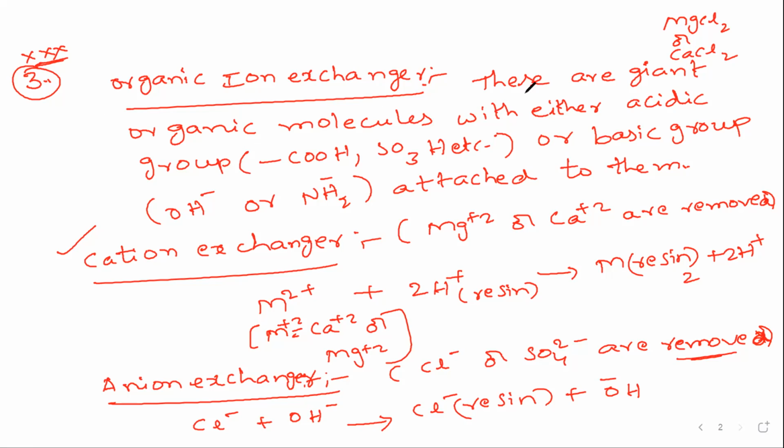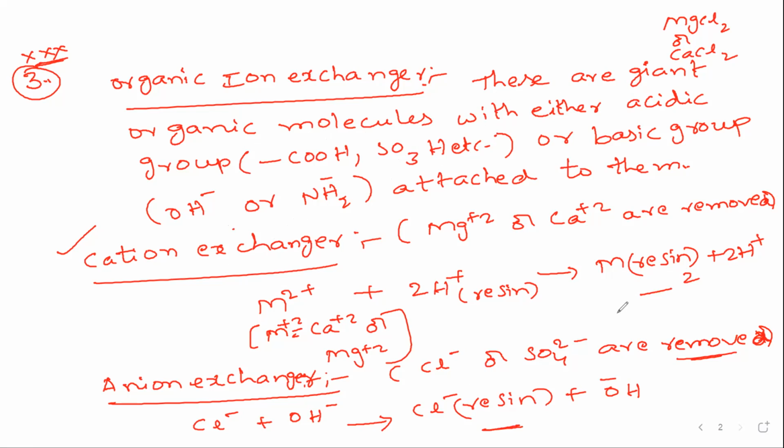In this method, water containing calcium and magnesium salts, that is permanent hardness, is treated with giant organic molecules with either acidic group or basic group. The acidic group acts as the cation exchanger and the basic group acts as the anion exchanger. So both cations and anions are exchanged and removed in the form of resins.